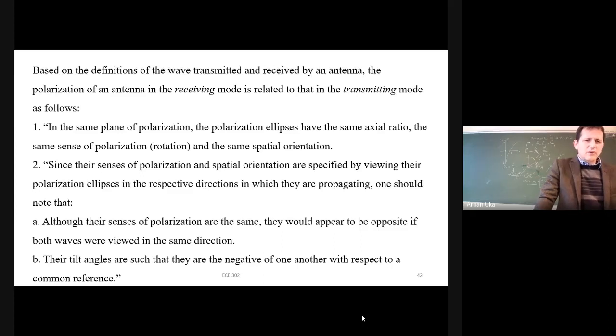Since the senses of polarization and spatial orientation are specified by viewing the polarization ellipses in the respective directions in which they are propagating, one should note that although their senses of polarization are the same, they would appear to be opposite if both waves are viewed in the same direction.